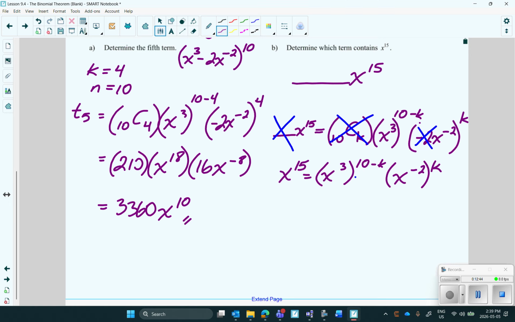Okay? Can I simplify this? When I raise one exponent to another, what do I do? Not add, multiply. So I get x to the 30 minus 3k. And this becomes x to the negative 2k.